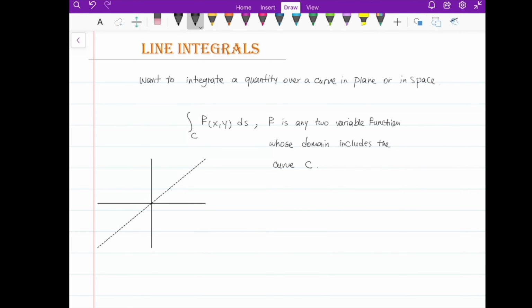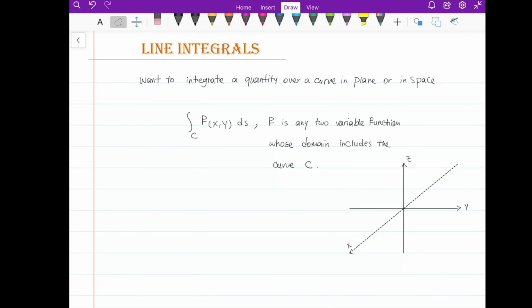In 3D, we have x-axis, y-axis, and then z-axis. Actually, let me move this one to the other side. And we have a function of two variables, for example this function f, and then we just have a curve like this, the curve C, that lives in R3.